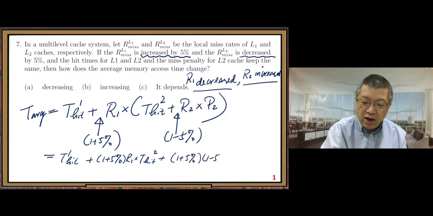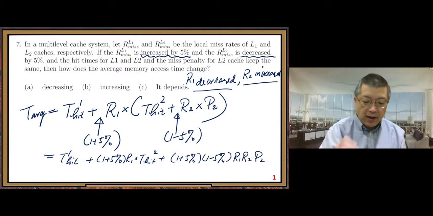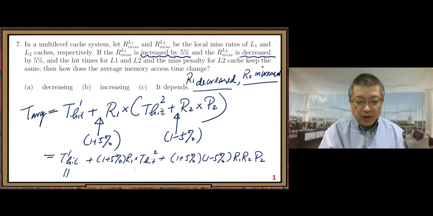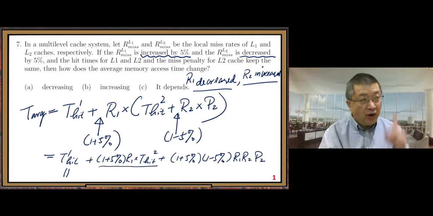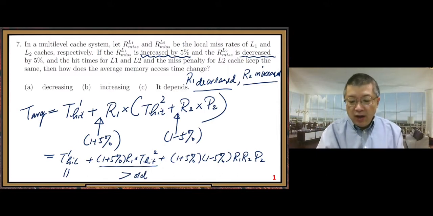The third term gets 1 plus 5% times 1 minus 5%, R1 R2 P2. So when you do the comparison, the first term is equal. The second term, compared with the older one, is greater than the older one, 1 plus 5%.